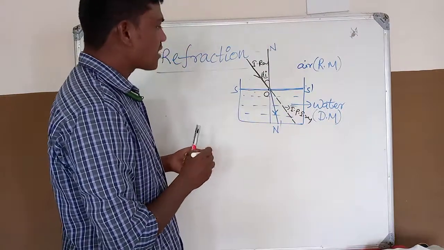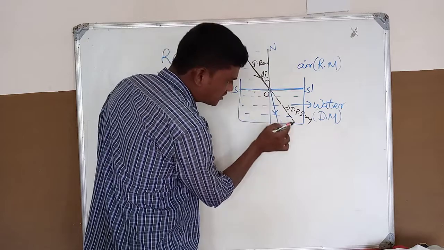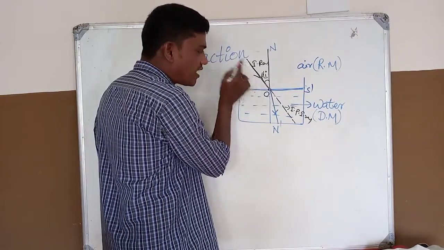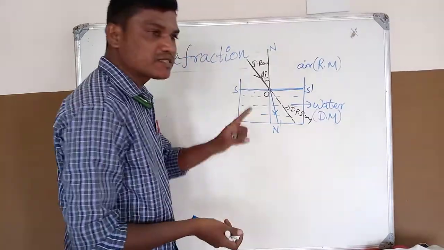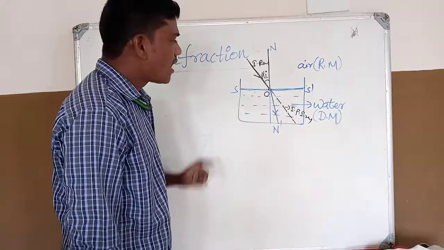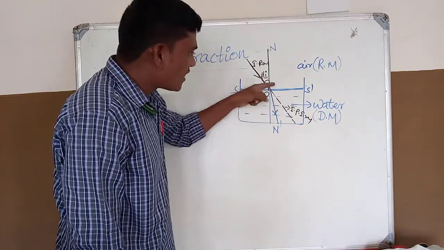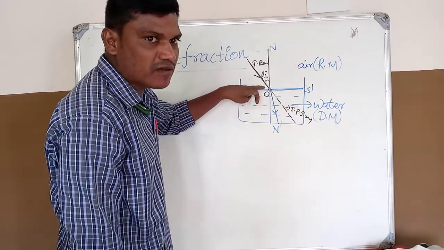That's why here we are observing that. So this is called the initial path of the incident ray because, according to one of the properties of light, it travels in a straight line path. But it is possible only in a single medium. When the light travels from one medium to another medium, the light ray deviates from its path at the point of separation of the media.